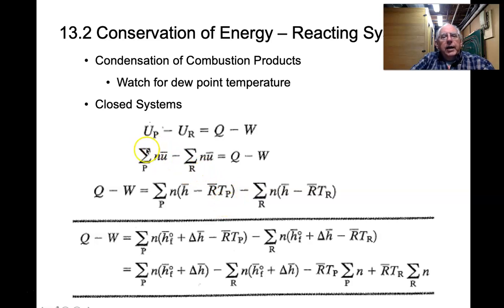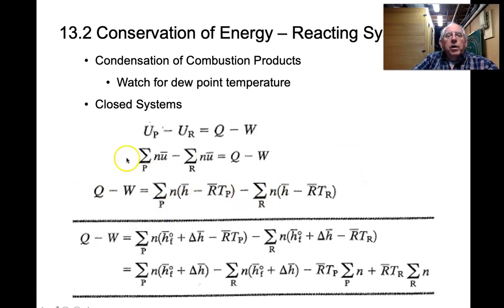And so by looking at the products here as well as the reactants, for the internal energy, we can substitute the enthalpy like we had before, but then we have this additional term that corresponds to the PV term associated with the enthalpy.